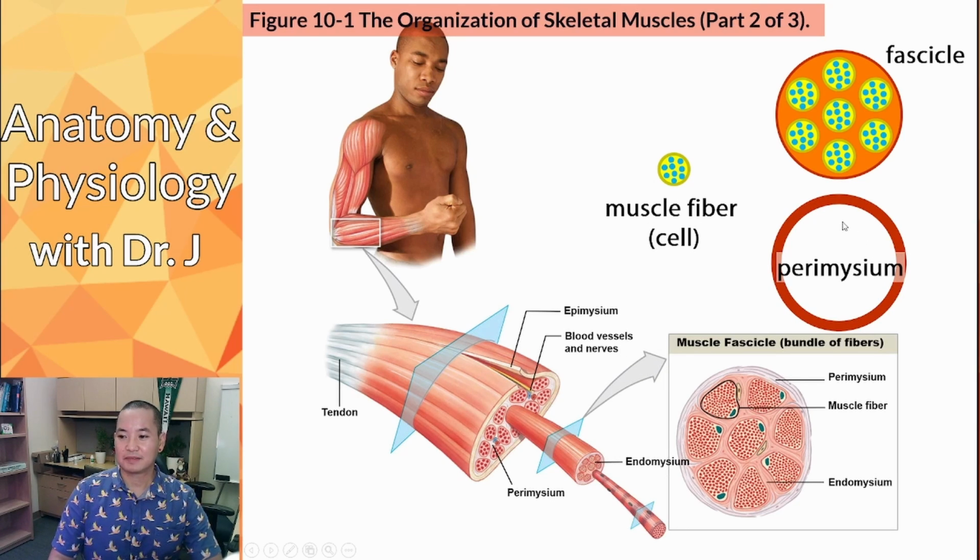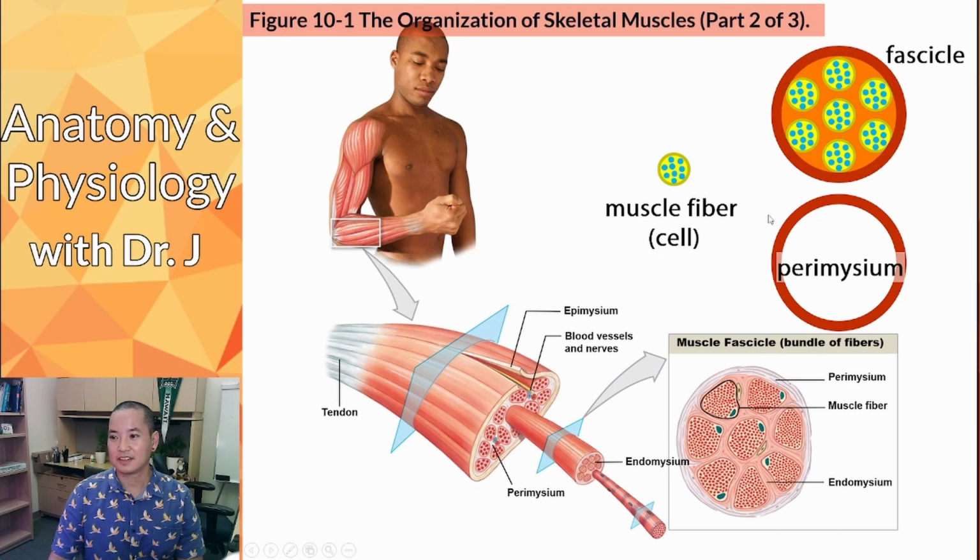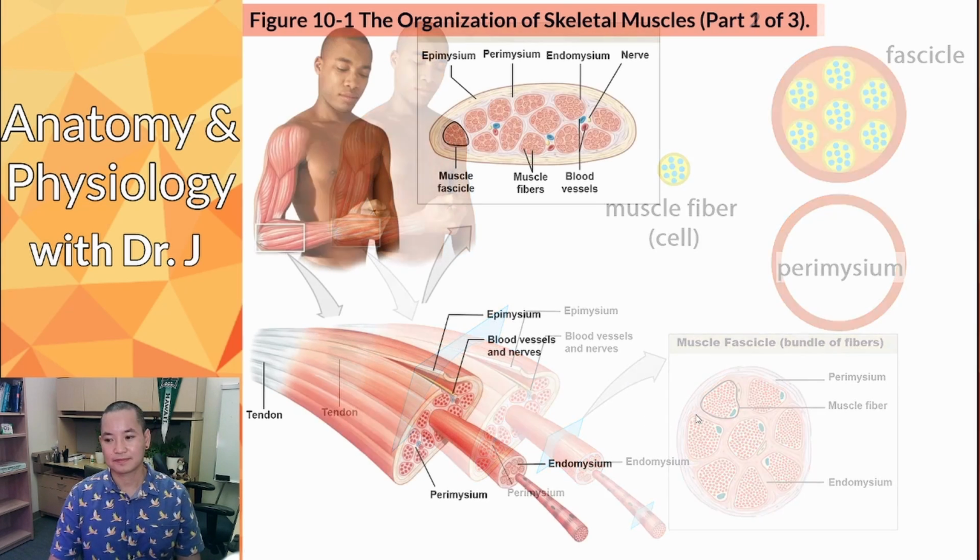When you see the prefix peri, that means something surrounding something. So we have a perimysium surrounding a fascicle, and each fascicle is made up of multiple muscle fibers.